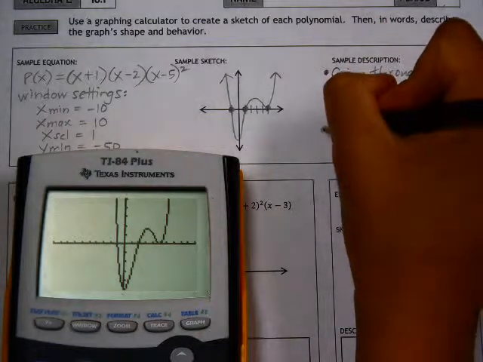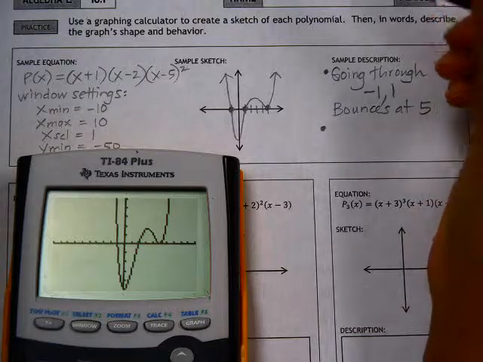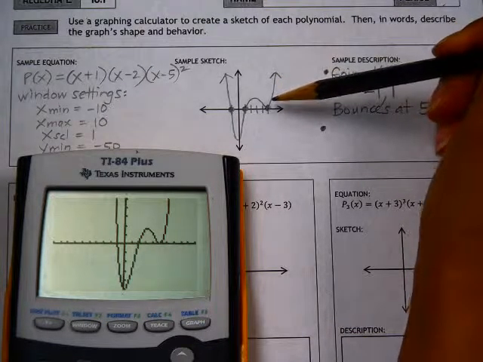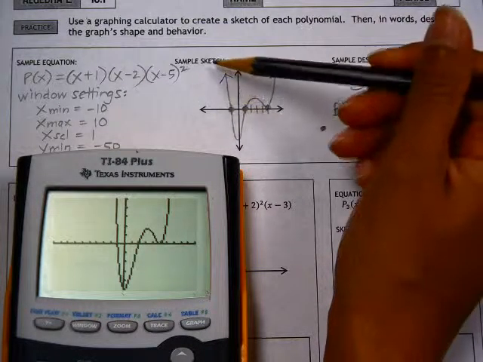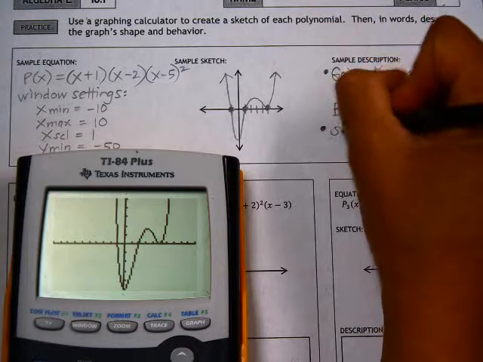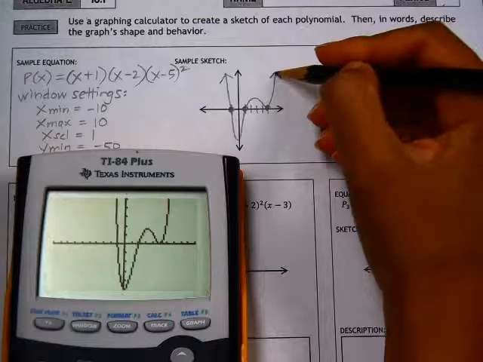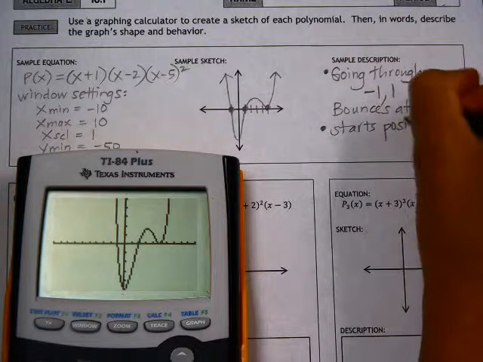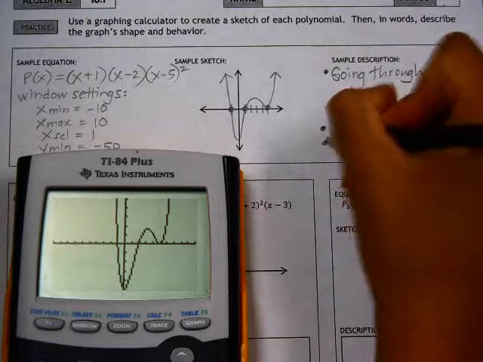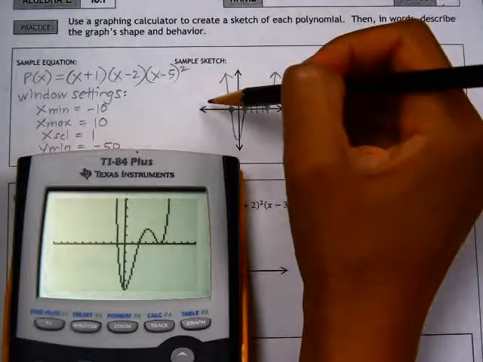And then the second thing we're going to describe is how the graph starts on the right side and how the graph ends on the left side. On the right side, the graph is above the x-axis, so we say it starts positive. And the left side of the graph we're going to call the end of the graph.